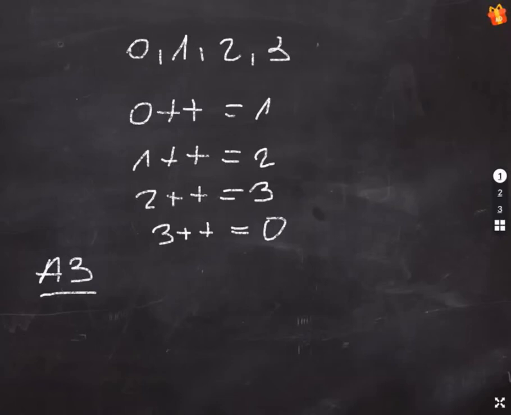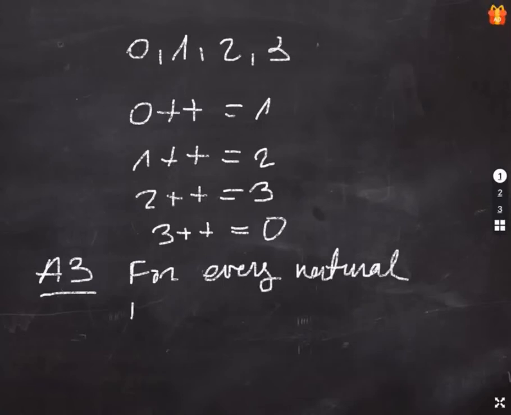So for every natural number n, n++ cannot be 0.